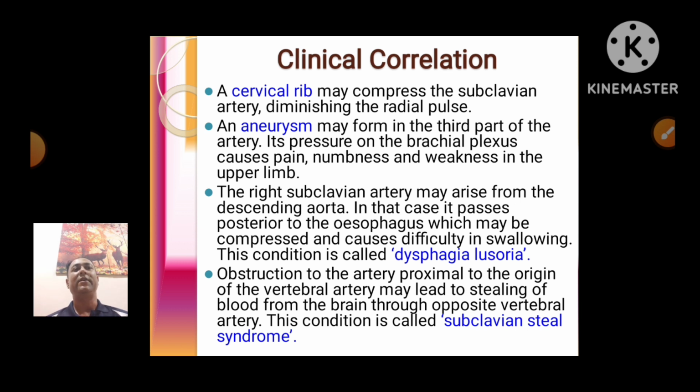The aneurysm of the subclavian artery may form in the third part of the artery, and its pressure on the medial brachial plexus causes pain, numbness and weakness in the upper limb.